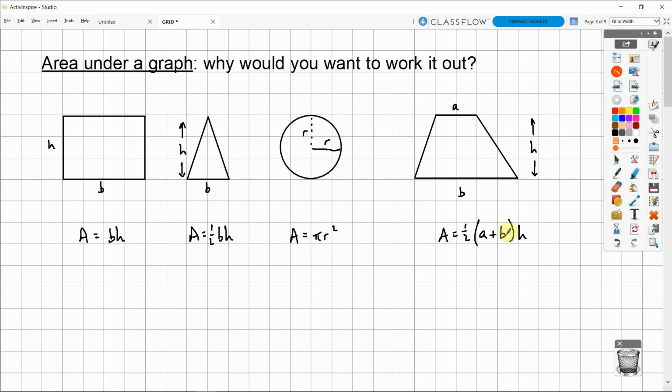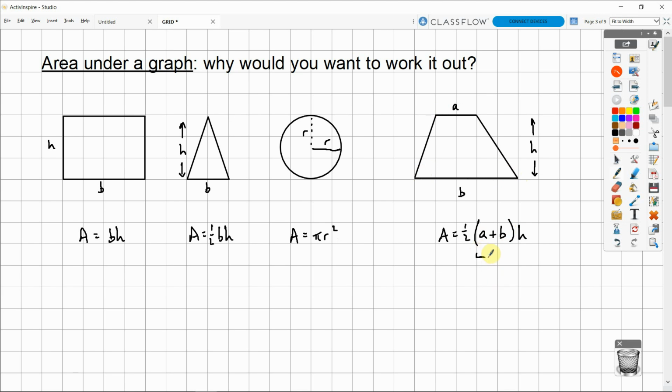The trapezium is perhaps a bit more complicated, but the a plus b, notice that they're both inevitably for a trapezium parallel to each other. Let's think about what happens if you add a length like a to a length like b. All that happens is you get a longer length, but it's still a length.